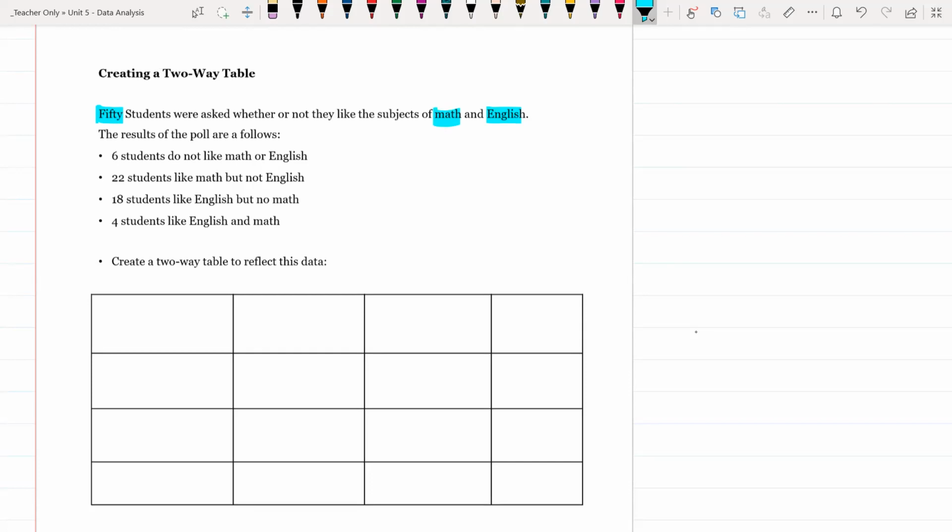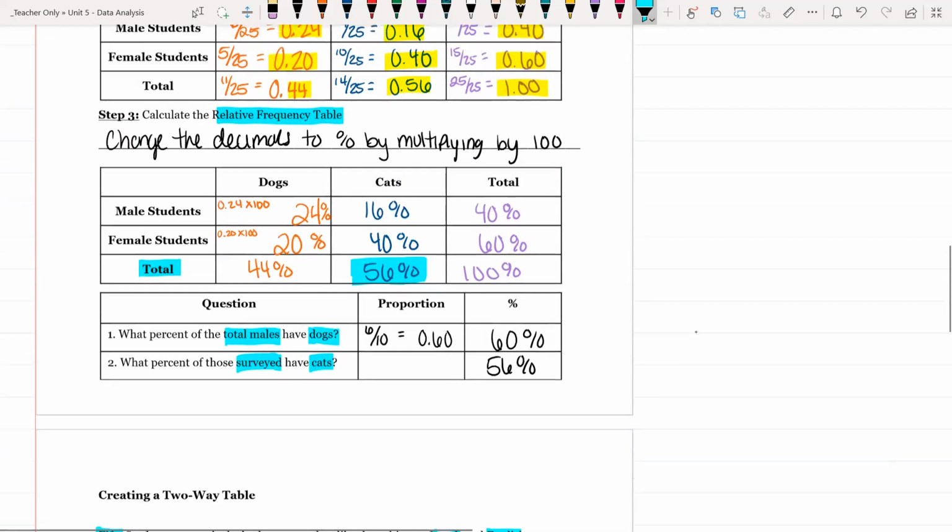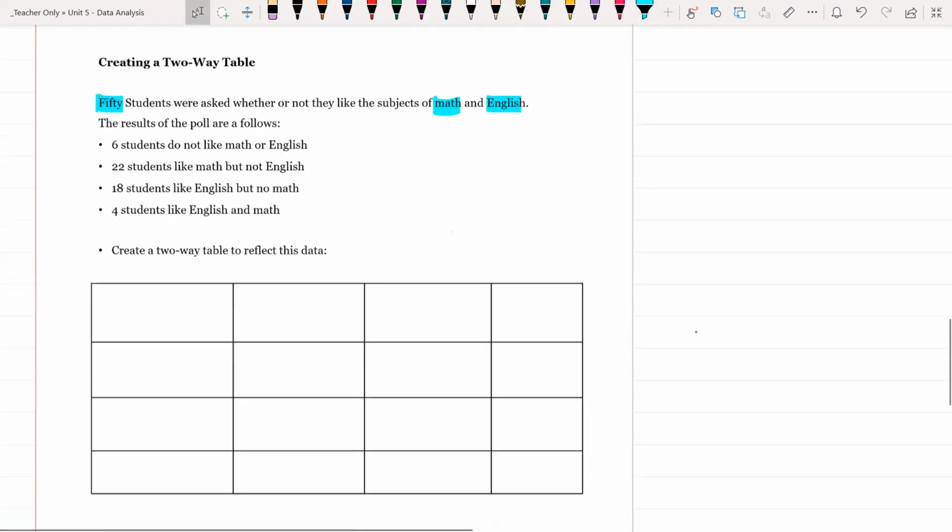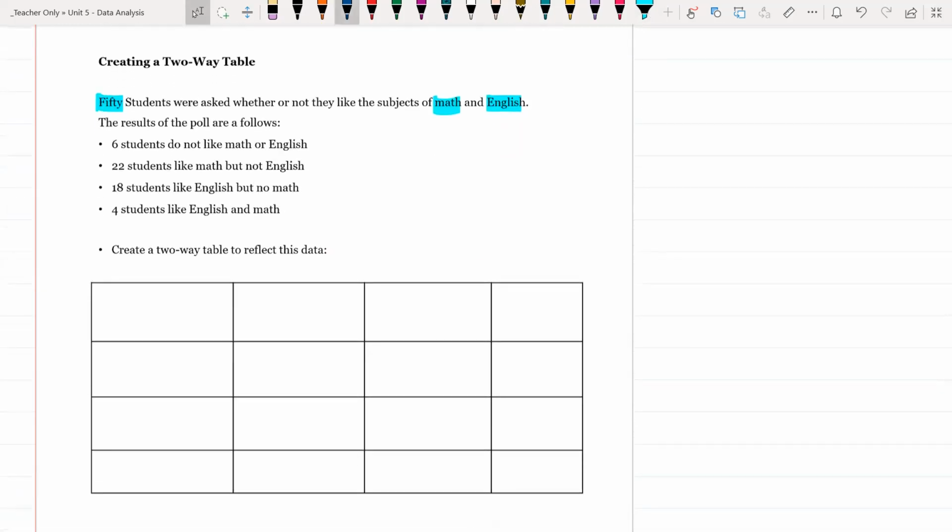So for our table, we have to set up our headers, right? Before they were set up for you, dogs, cats, males, females, and so on. So we're really comparing math versus English. But it's not just English, it's whether they like or don't like English. It doesn't matter which one you put here or here.